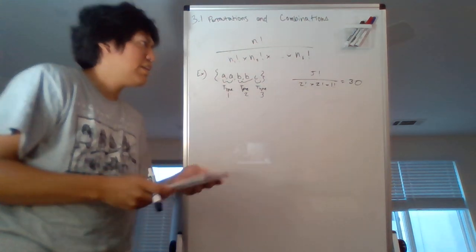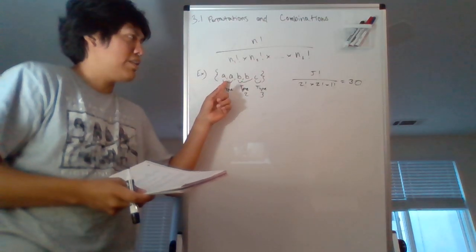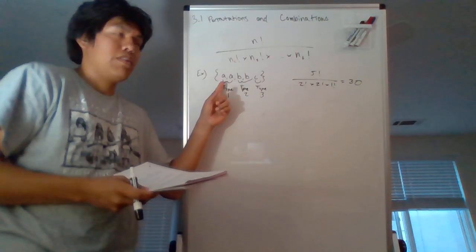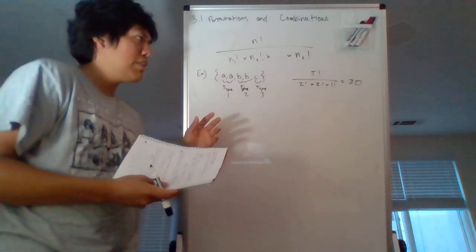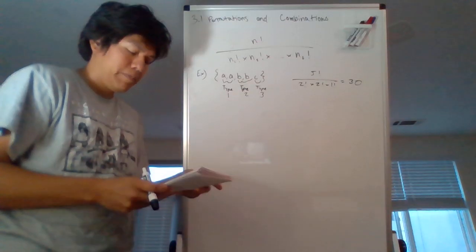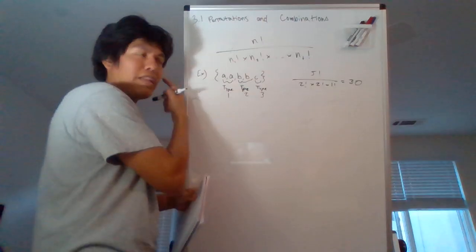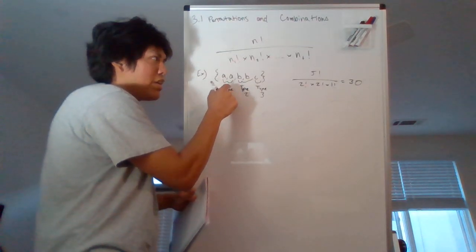And also, we're not counting these 2 A's as the same. They're different A's, they're different elements. They just look the same, but they're not the same thing. So if we wanted to be even more specific, let's say that we have A sub 1 and A sub 2.